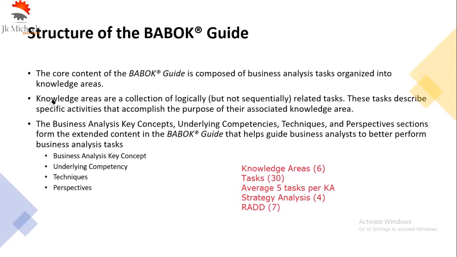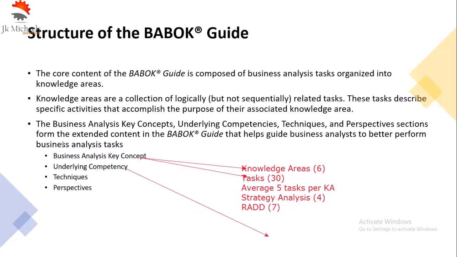It is also structured, the business analysis body of knowledge is structured into 4 key areas. Number 1, the business analysis key concepts, which, like I said, would refer to the tasks and the knowledge areas, basically, right? Tasks and knowledge areas. We also have underlying competencies.